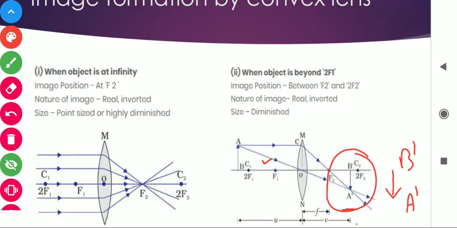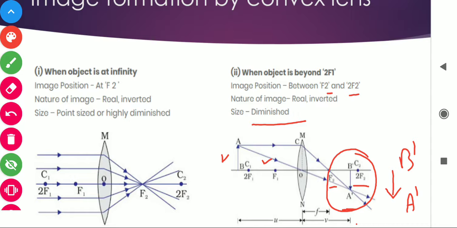This image we can see is between F2 and 2F2. Here it is also real and inverted, and it is smaller than object, so it is diminished. Here we discussed two image formations by ray diagrams in convex lens.